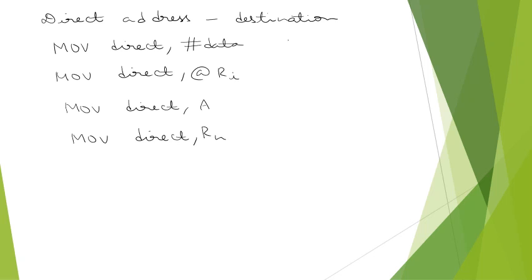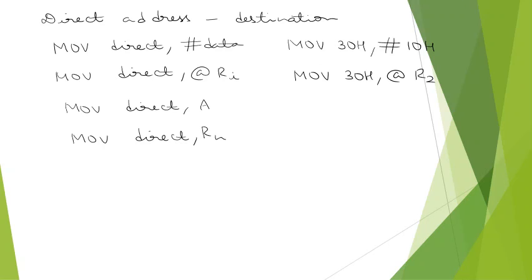So we have example, MOV 30H, #10H. So 10H is the value because it is preceded by the hash symbol, whereas 30H is the memory location. So the value 10H is copied to 30H memory location. Same way we have MOV 30H, @R2.